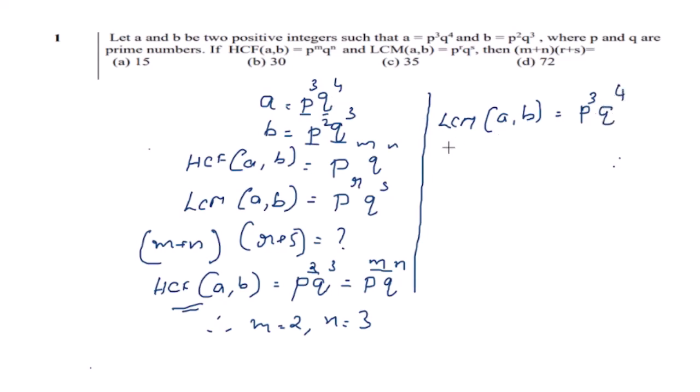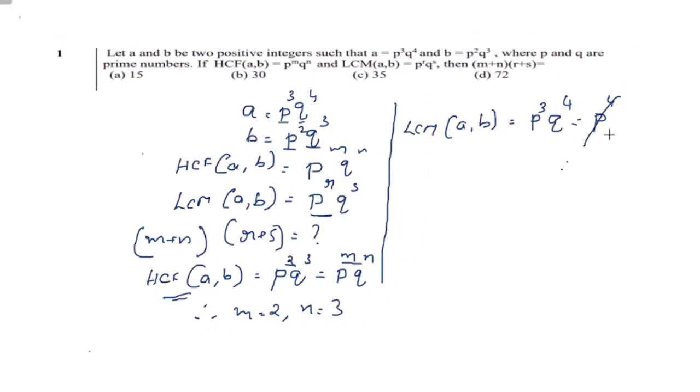LCM is the least common multiple, so the greatest power is 3 for p, so p cube, and q raised to the power 4. It is equal to p raised to the power r and q raised to the power s. So r is equal to 3 and s is equal to 4.